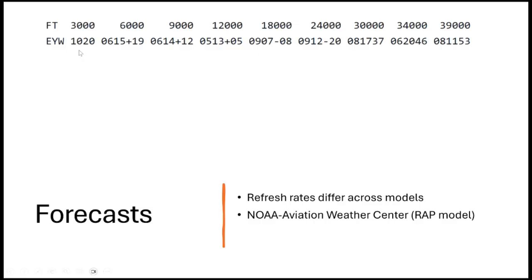And the way that you read this is the first two numbers are going to be the wind direction. So again, you have to add a 0 because they dropped off a 0 from it. It's rounded to the nearest 10. And then the second two numbers are going to be the wind speed. And then once we get up to 6,000 in this case, we can see that these last numbers are actually giving us temperature.